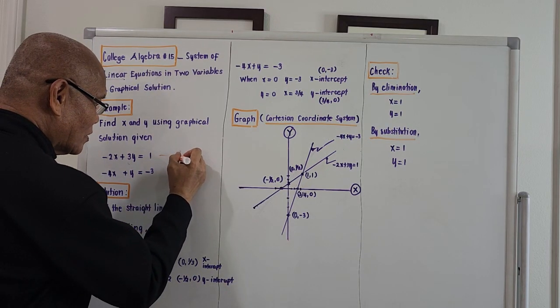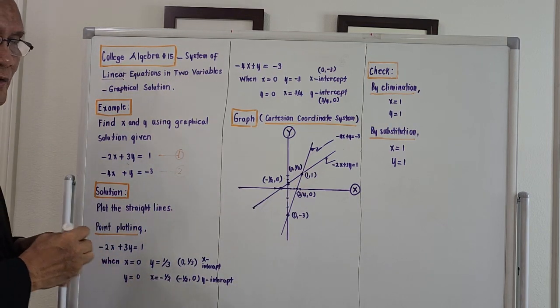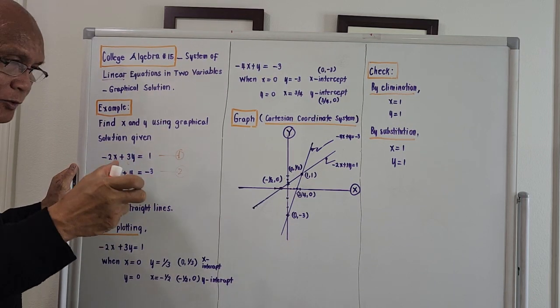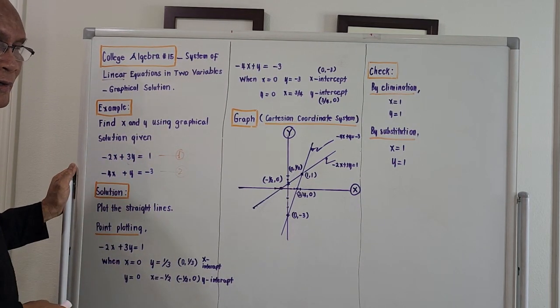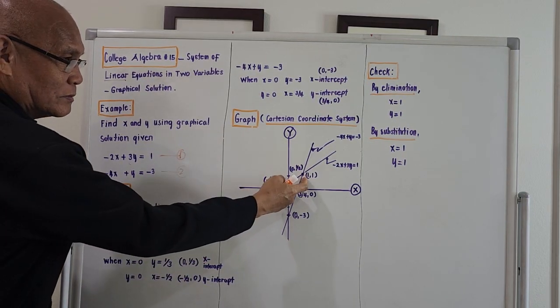This will be equation number 1 and this will be equation number 2. The problem is asking for the solution of equations 1 and 2, and they are both straight lines, so actually what is being asked is the point of intersection.